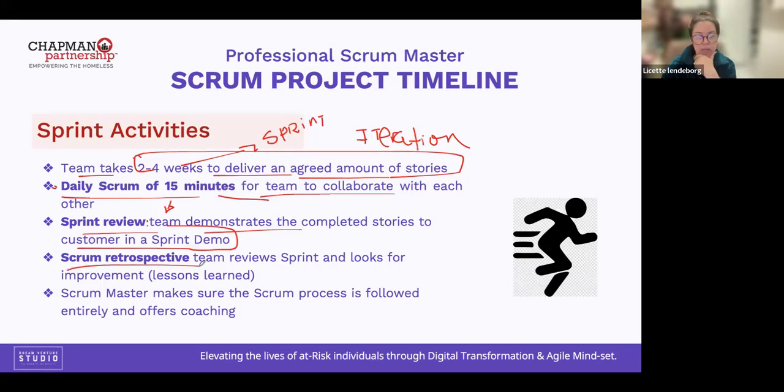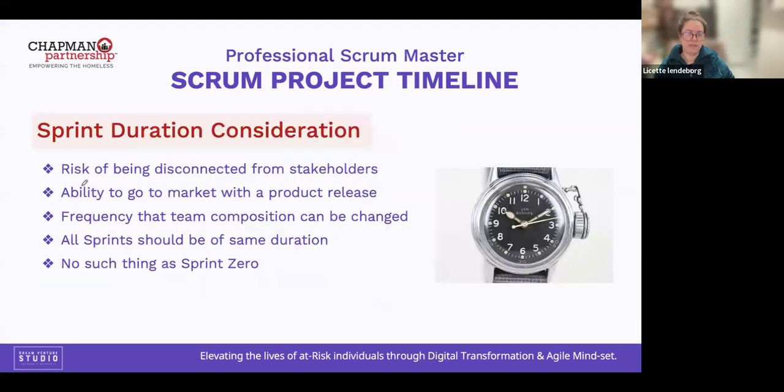The sprint retrospective is when we review the sprint in order to look for things to improve or lessons learned. The Scrum Master makes sure the Scrum process is followed entirely and offers coaching. Those are some of the sprint activities.